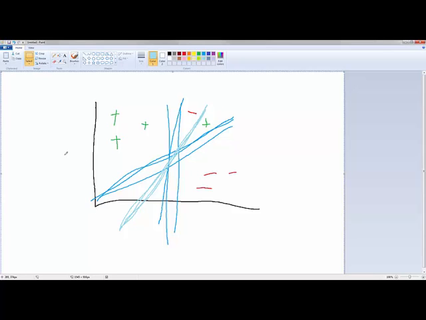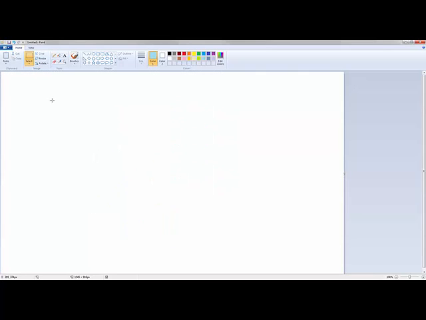Another case that you might see is maybe we'll have training points that look like this. So we have a bunch of pluses here in the middle. On the outside, we'll have these minuses. Okay, so again, this data isn't linearly separable.